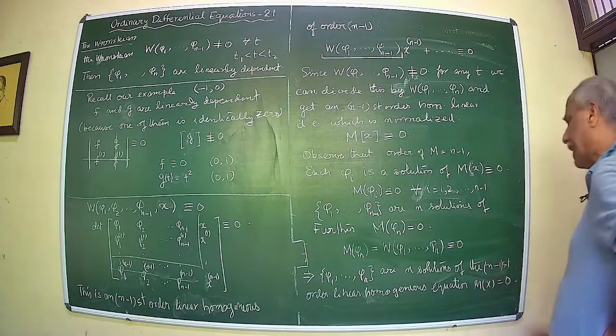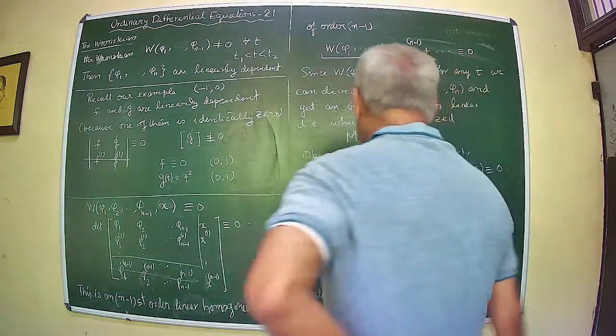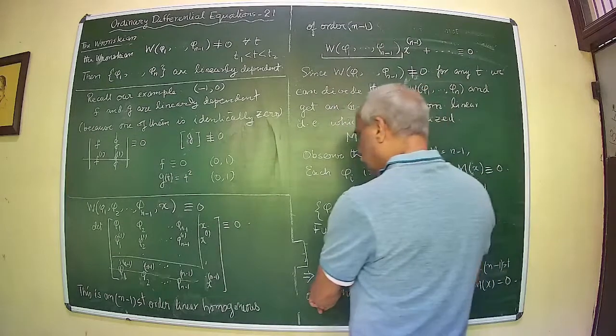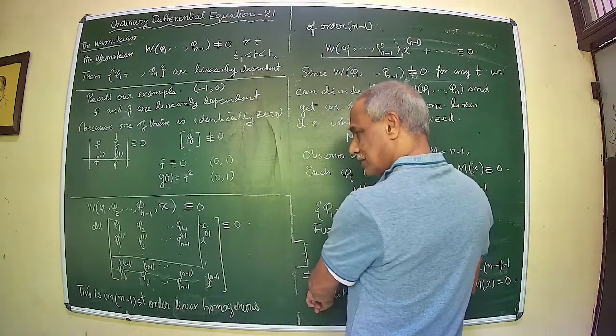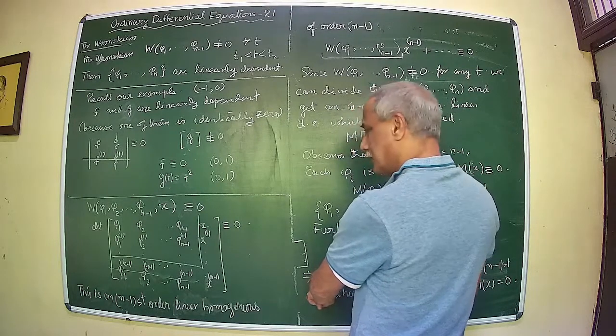Now from that it is immediately clear that, see, these are n solutions of an n minus first order linear equation, and therefore that should be linearly dependent.